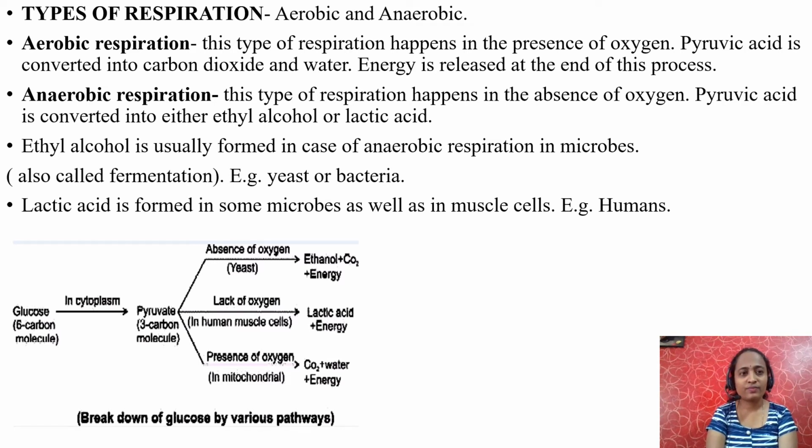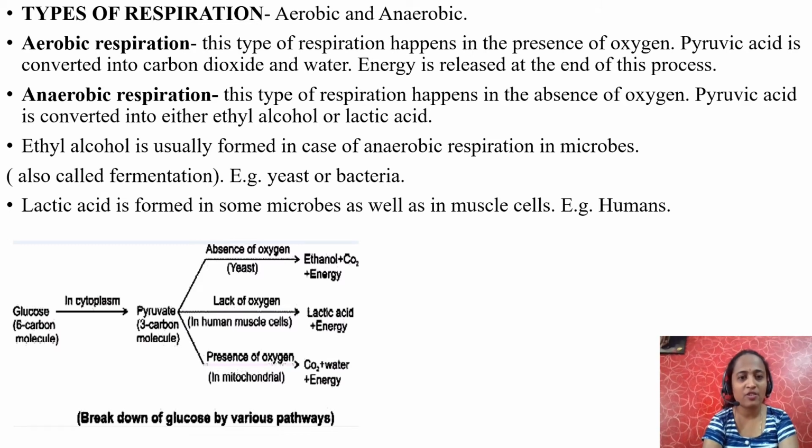Now, this is the chemical reaction. The breakdown of glucose takes place by various pathways. These are the three pathways in which glucose, the 6-carbon molecule, in the cytoplasm breaks down into 2 pyruvate molecules or pyruvic acid molecules.